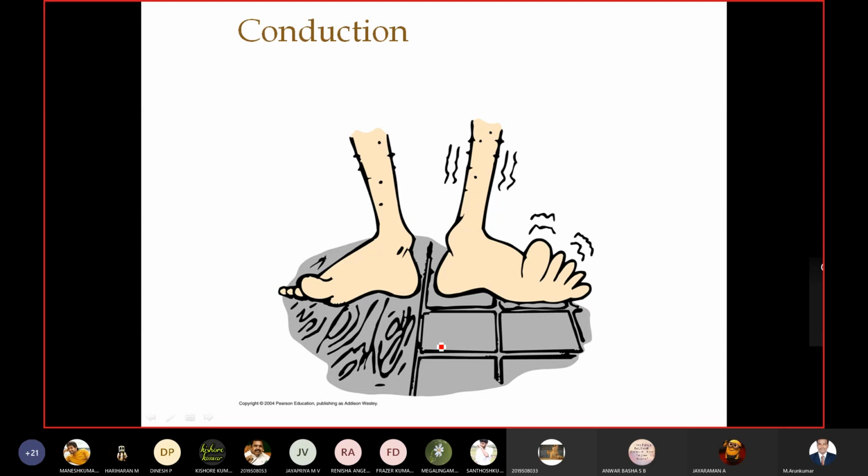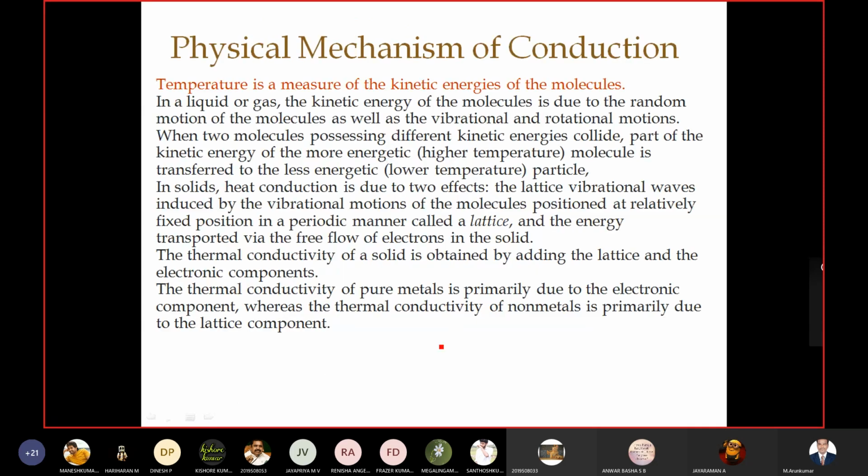Then, physical mechanisms of conduction. The temperature is a measure of the kinetic energy of the molecules, as you know very well. In liquids or gases, the kinetic energy of the molecules is due to the random motion of the molecules, as well as the vibrational and rotational motions.